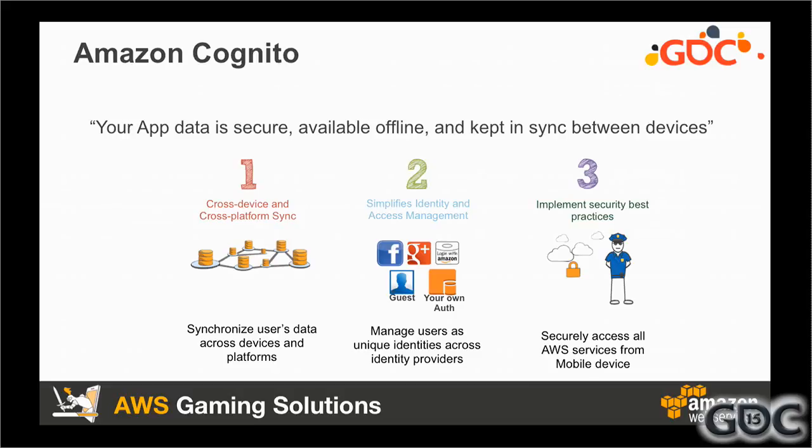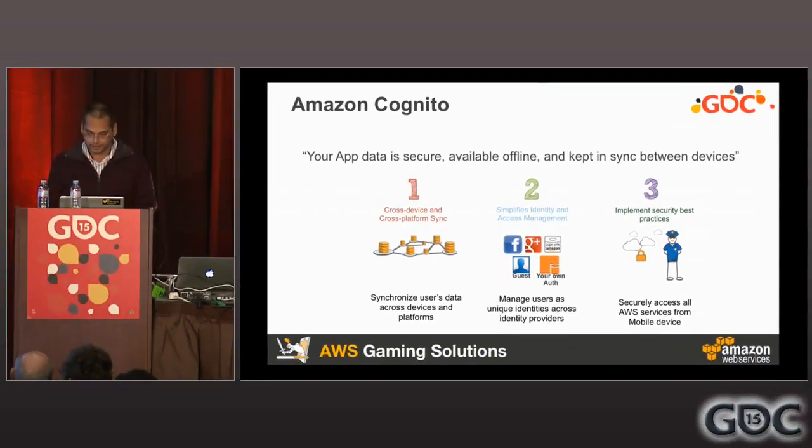And so a lot of times people come in to play a game, you give them a first level, and then you tell them to register the game so they can get access to the next levels. So Cognito supports guest access, and then converting that guest to an authorized, authenticated user, it supports that transition as well. And then finally, Cognito allows you to implement security best practices by not exposing your AWS service credentials. You don't want to embed those credentials within your app.